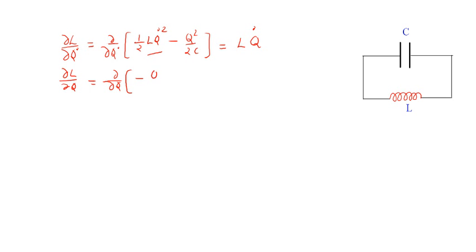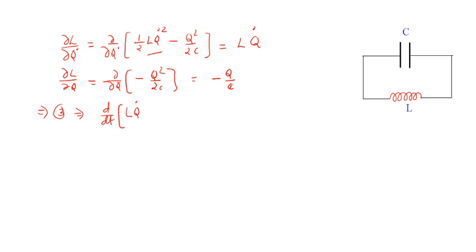Now we can substitute these two things, therefore equation number 3 becomes d/dt of L q̇ minus ∂L/∂q, which is minus q by C. Be careful about the signs. That should be equal to 0.